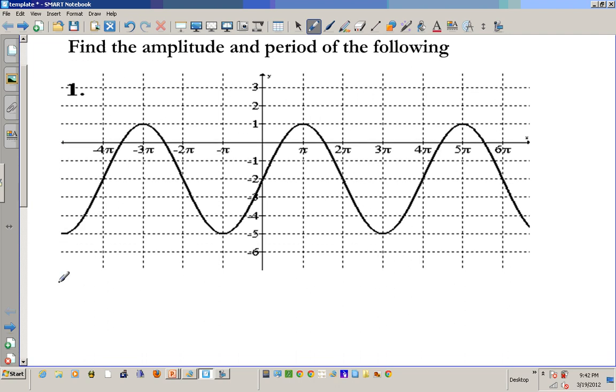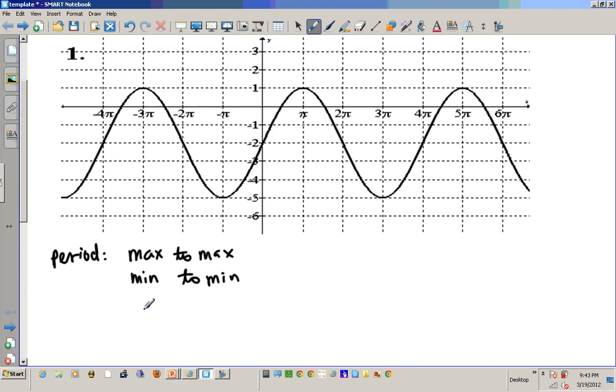Remember the steps for finding the period, right? To find the period, you go either from maximum to maximum, or from minimum to minimum. If you want to start from the center, you can go from center going up to center going up, or center going down to center going down.